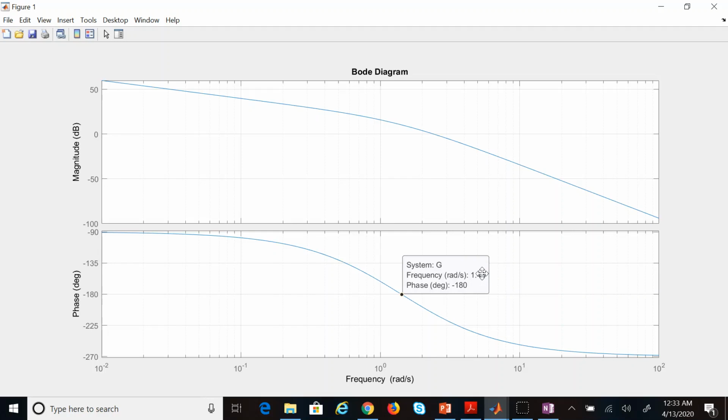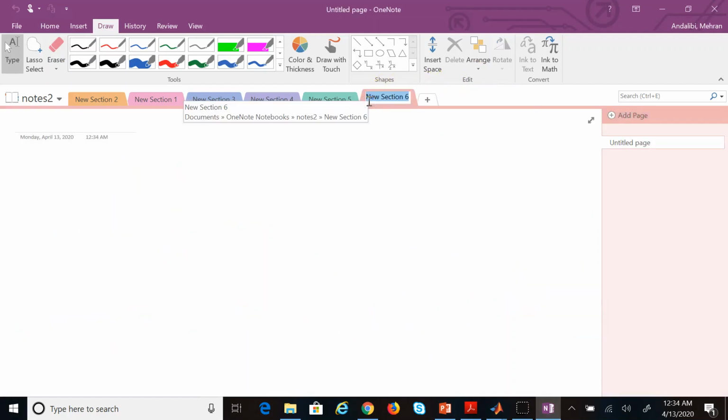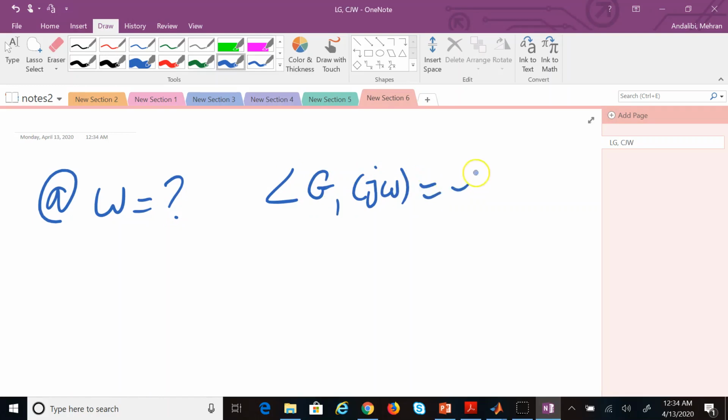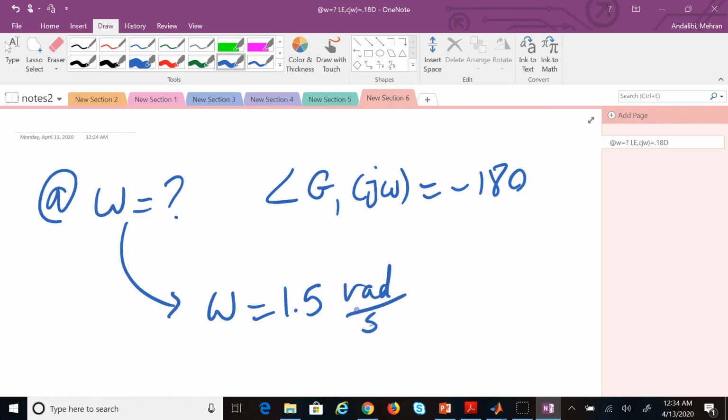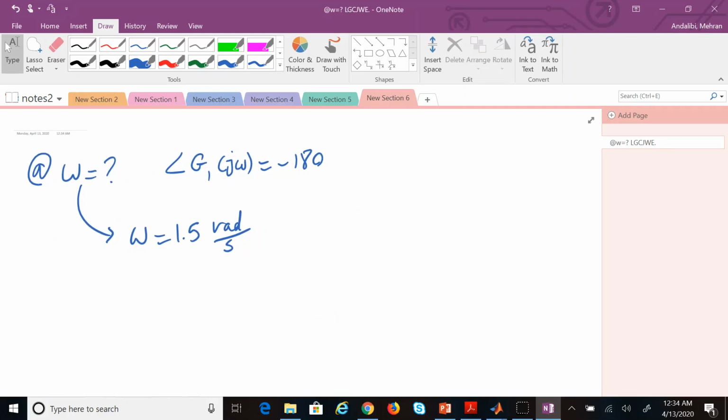I don't know why, but that's how the textbook did it. Again, it does not really matter that much, but the way your textbook approaches the frequency at which I have the phase of G1 to be negative 180, the answer of your textbook is 1.5, which you see is actually 1.43. Now it says go 1 octave to 1 decade below this to get the zero of the lag portion.